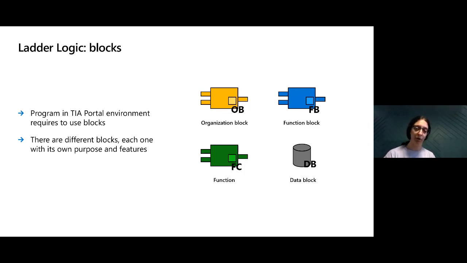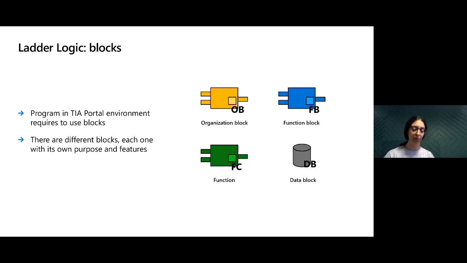The next type of block is the function block, or in short, FB. This type of block represents a subroutine with dedicated memory. That means it can store its values permanently in data blocks, and so these values will remain for the rest of the execution. The next type of block is the function code, or in short, function. This block has the same concepts as the function block, but it gets executed without dedicated memory.